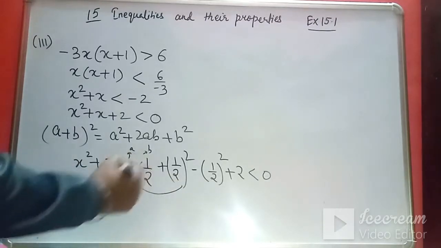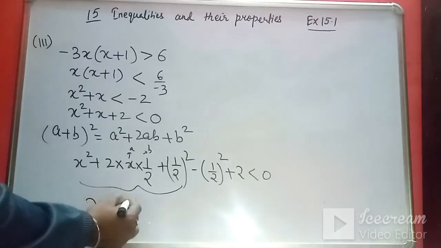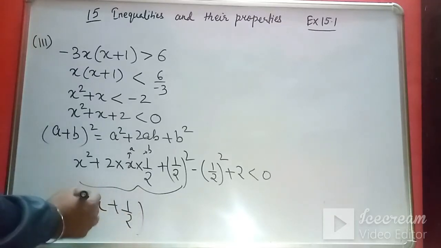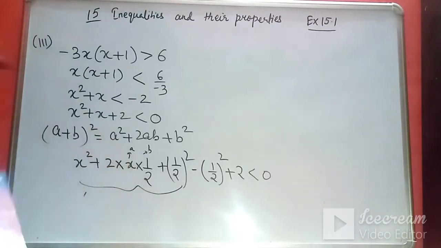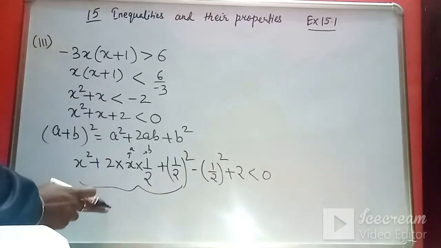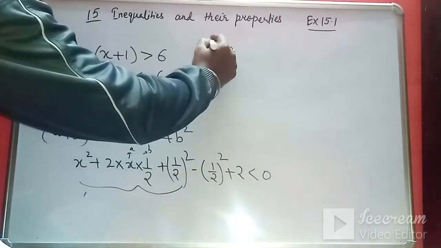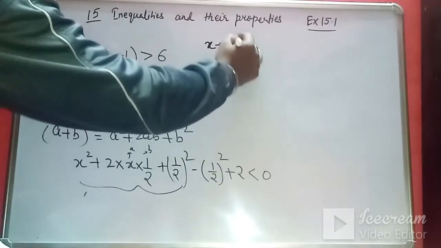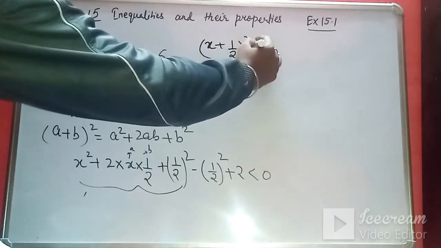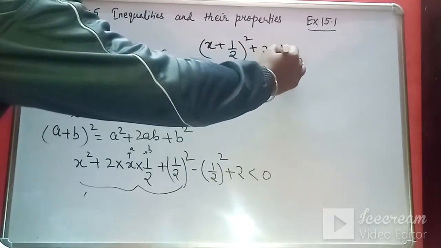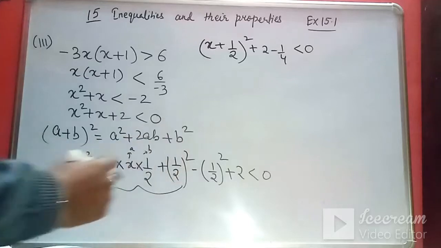It becomes x plus 1 by 2 whole square, and this when you solve it will give you 2 minus 1 by 4 less than 0.